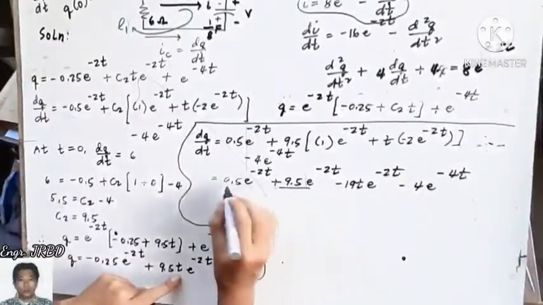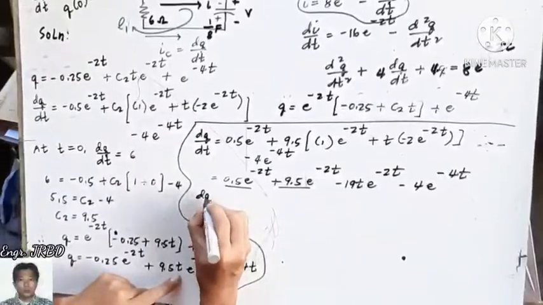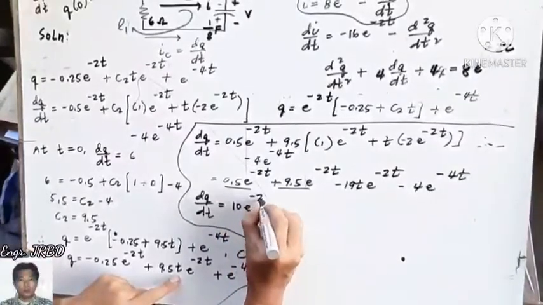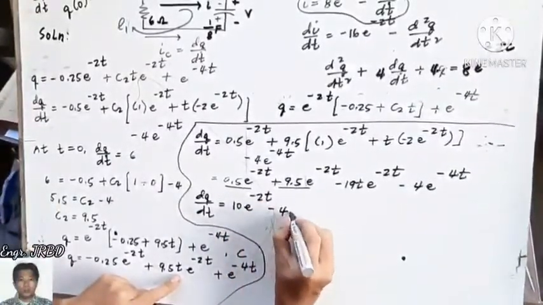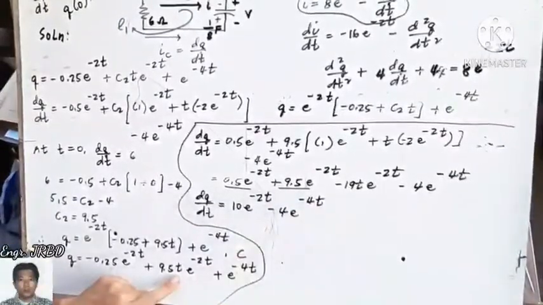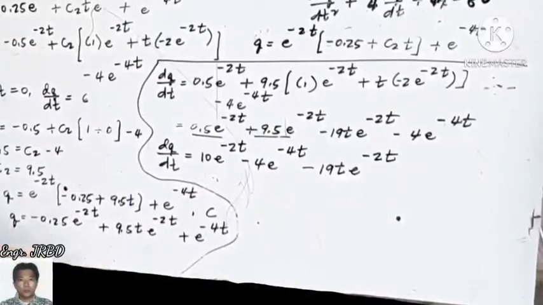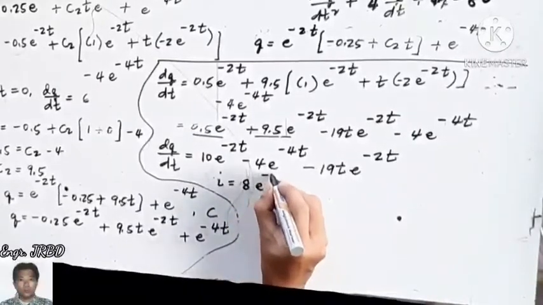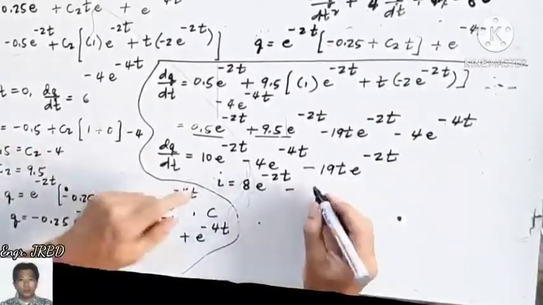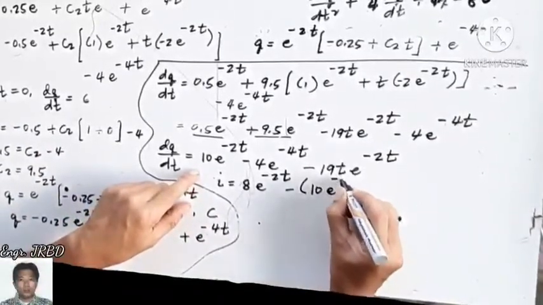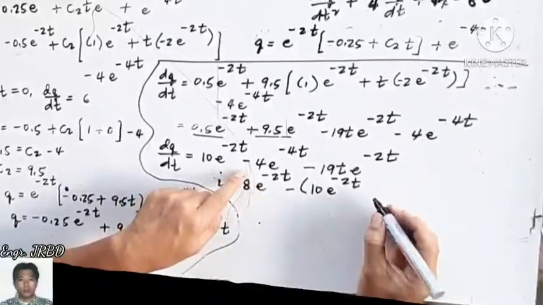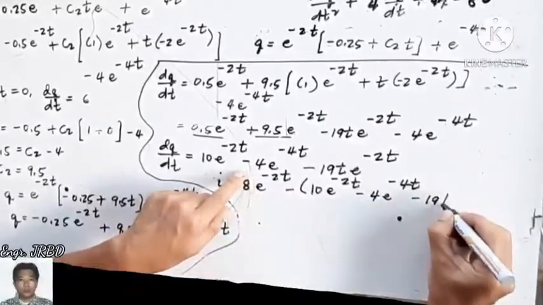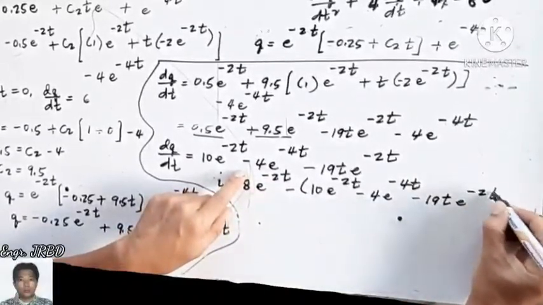Okay, we can combine these terms to obtain the derivative of q with respect to t, that is 10 e raised to negative 2t minus 4 e raised to negative 4t minus 19 times t e raised to negative 2t. So I is equivalent to 8 e raised to negative 2t minus 10 e raised to negative 2t minus 4 e raised to negative 4t minus 19 times t e raised to negative 2t.